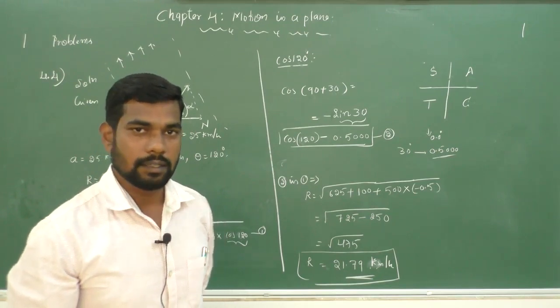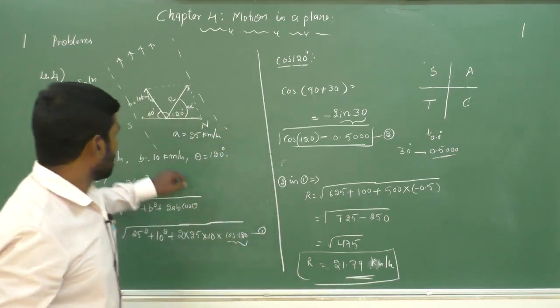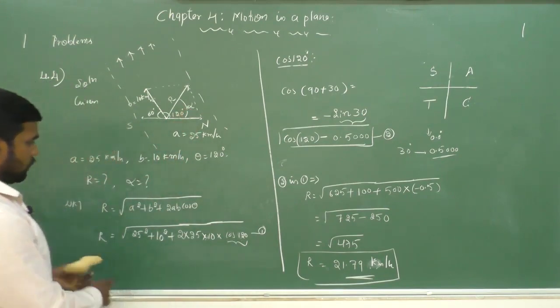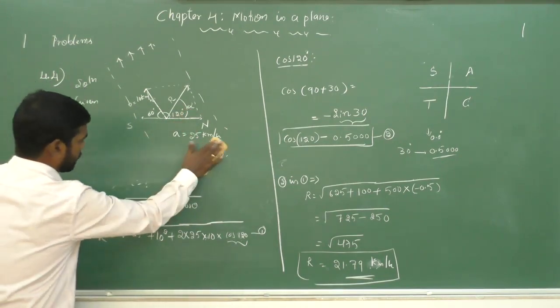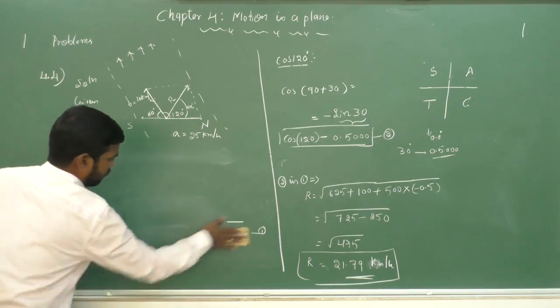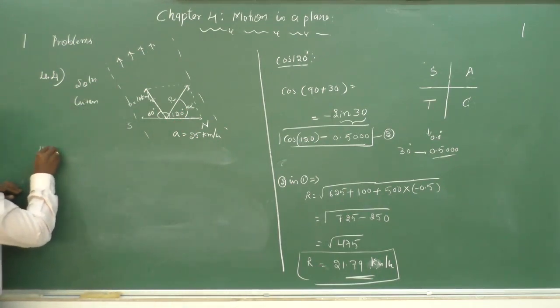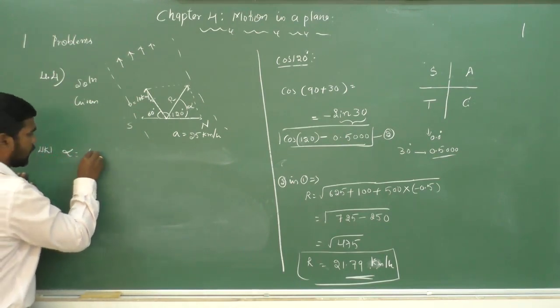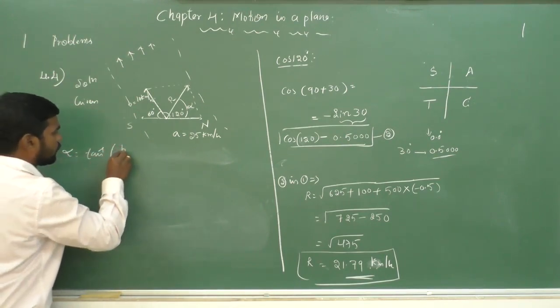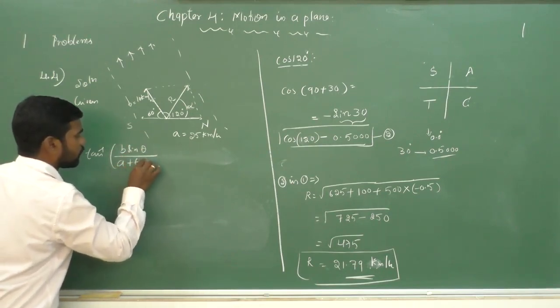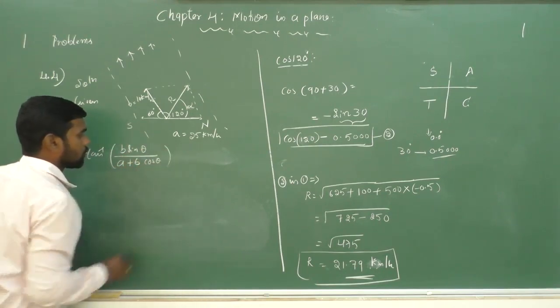Clear my point? Okay. So now we have to find out what the alpha value is. For that we have to use the alpha equation. We know that alpha is given by tan inverse of b sin theta divided by a plus b cos theta. This is the equation we have.